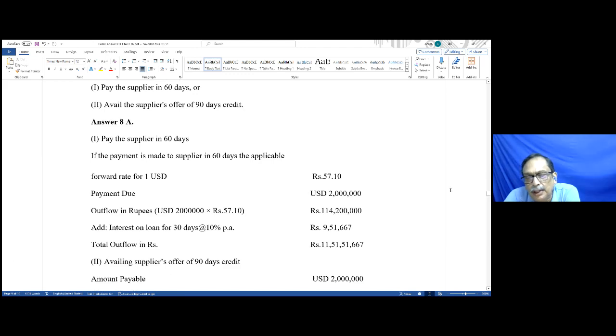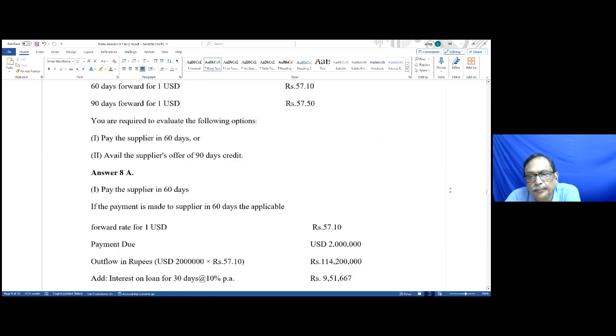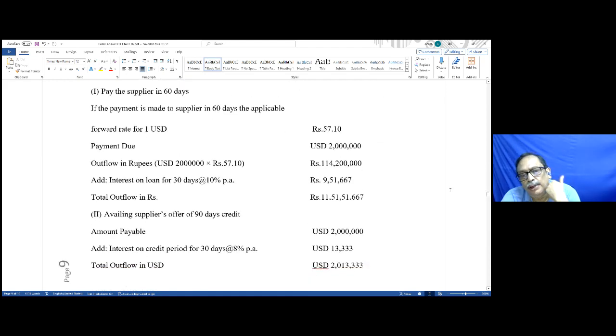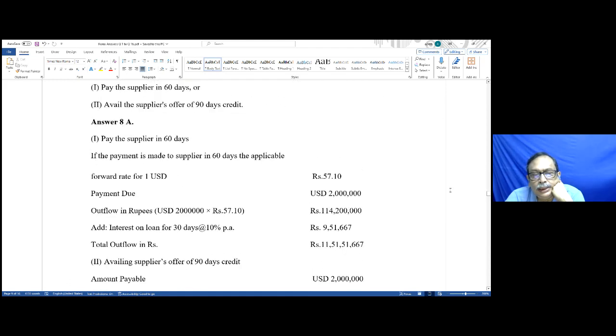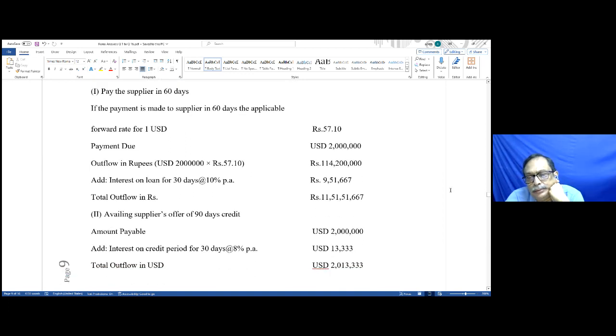Payment due US dollar total, that is 2 million. Outflow in rupees, US dollar 2 million into rupees 57.10. It comes to 114,200,000. Then interest on loan for 30 days at the rate of 10% per annum comes to 9,51,667.